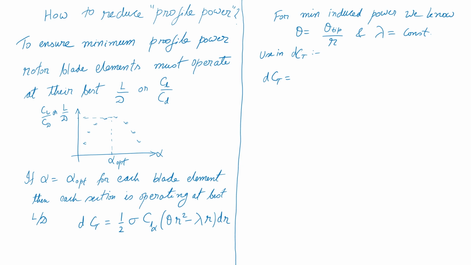So, my DCT expression which I have here can be rewritten as half sigma CL alpha into theta tip by r minus lambda by r into r square dr. Okay.